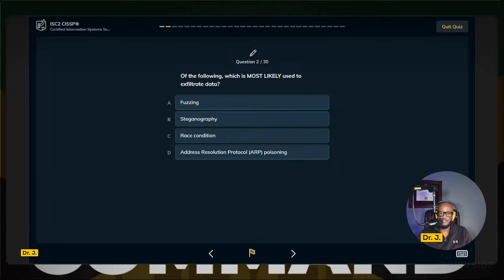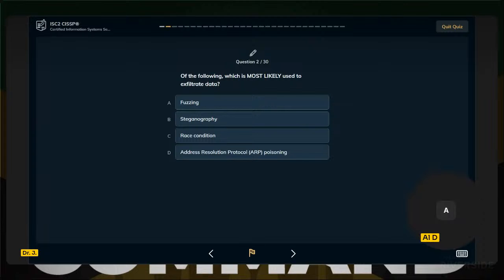All right. Of the following, which is most likely used to exfiltrate data? So it's not going to be fuzzing. Steganography could be close. It's not a race condition. And it's not art poisoning.